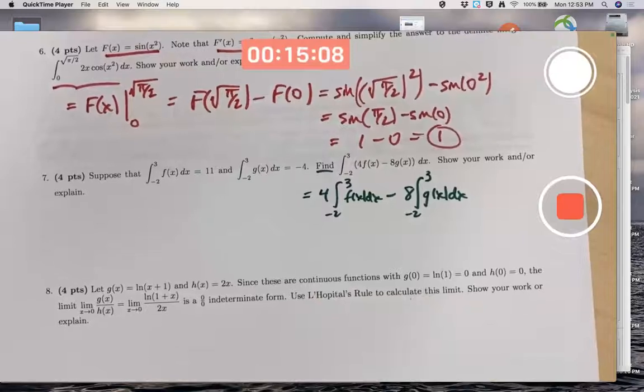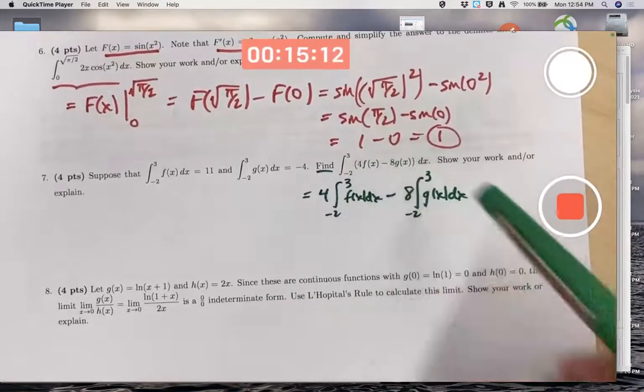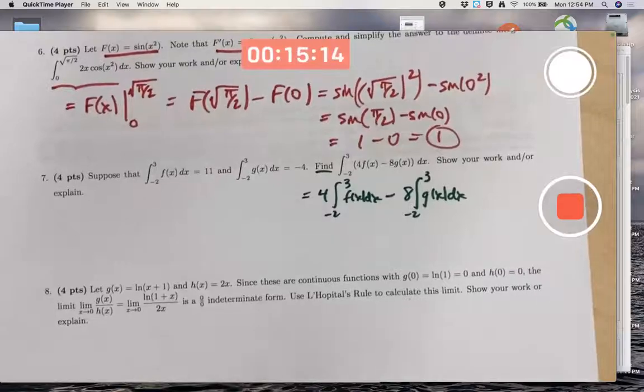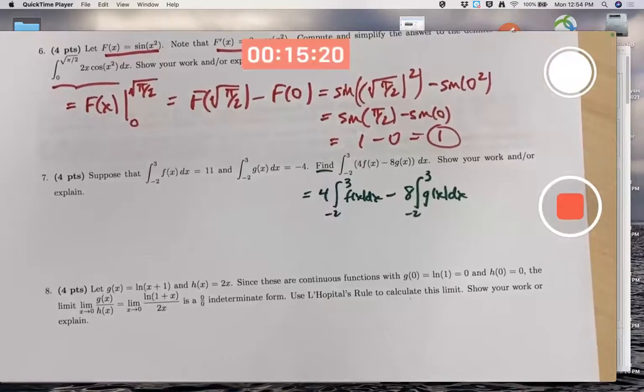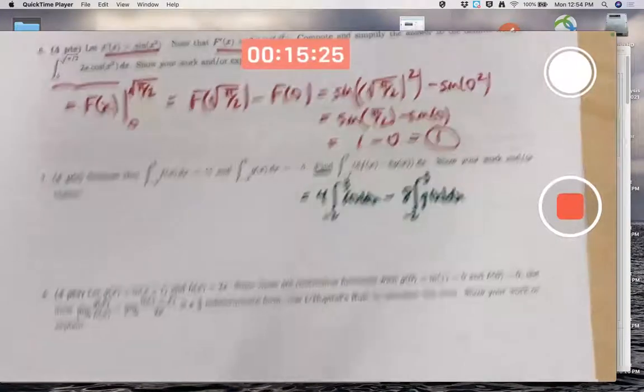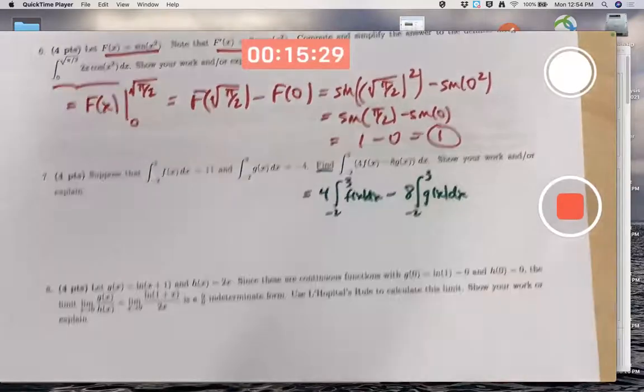There's a linearity property of derivatives as well, right? Because the derivative of 4 times f minus 8 times g would be 4 times f prime minus 8 times g prime. That's a linearity property of derivatives. Integrals have the same kind of linearity property. You just factor out the constants, and this minus sign becomes a minus sign there.